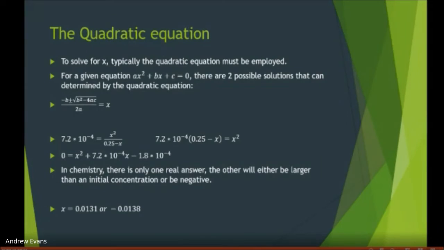If I get 0.35 molar or 0.4 molar, I know that's no longer a valid solution. But our quadratic equation is negative b plus or minus the square root of b squared minus 4ac all over 2a. So the trick is to get that into that function. So let's show how we can go about doing that.